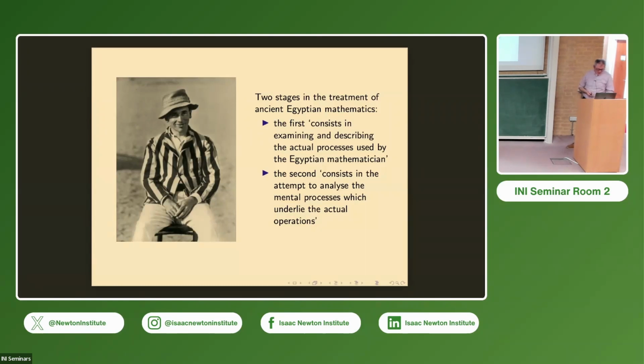And also I should mention, Peet died quite young as well. So as this person promoting the study of ancient Egyptian mathematics, he disappears from the scene in the early 1930s. And so the Egyptologists are no longer looking at the mathematics, and the historians of mathematics like Neugebauer are no longer looking at the mathematics.